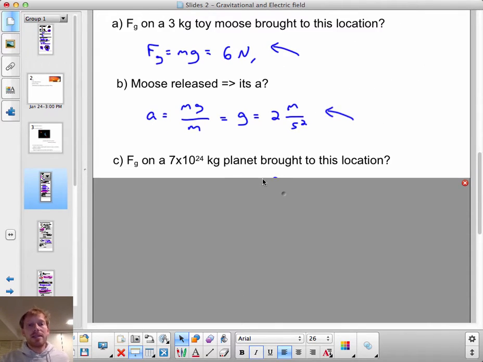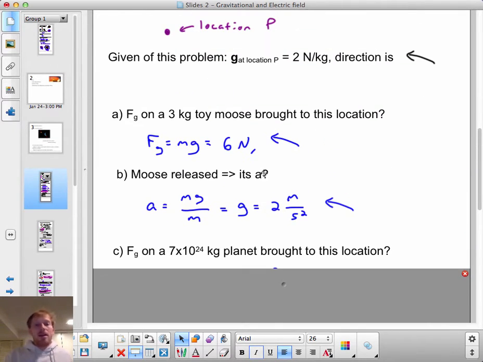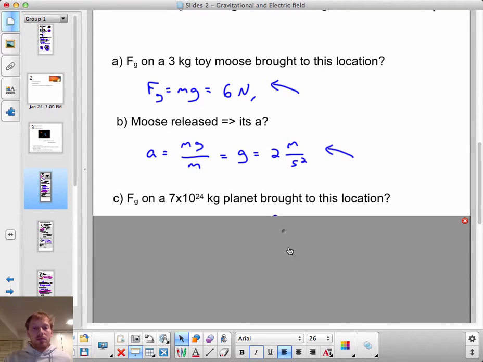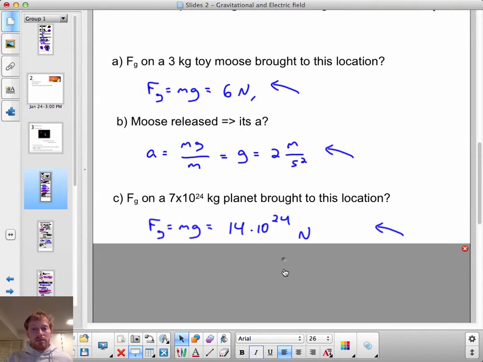Well, let's say that instead of a toy moose brought to point P, I bring a planet to point P. What's the amount of gravitational force exerted on a planet by this weird off-screen gravitating mass if I bring the planet to location P? Well, mass times gravitational field is the gravitational force that a victim experiences. Mass times the gravitational field at that location is the force that a victim experiences when brought to that location.